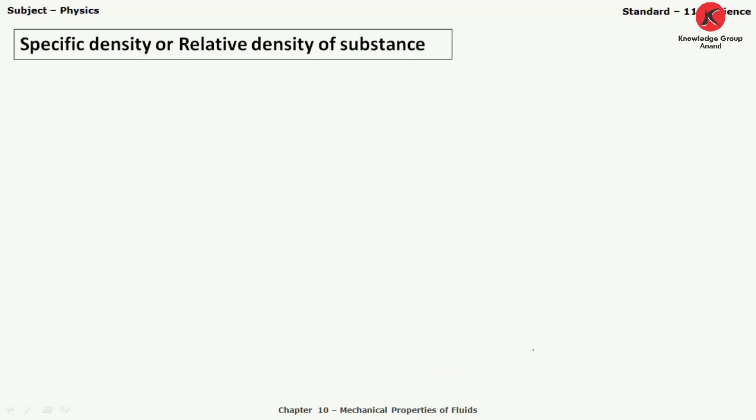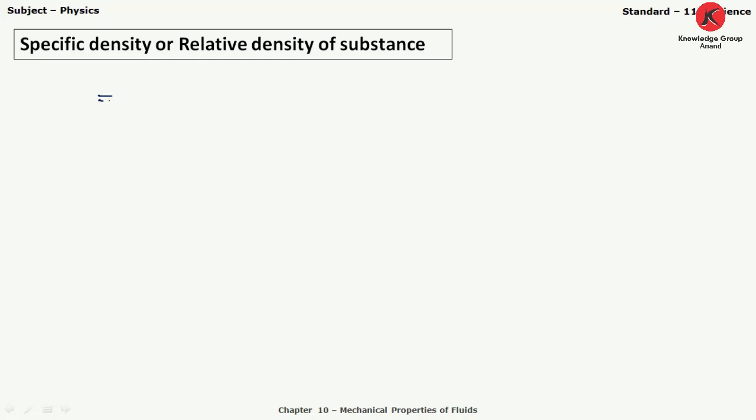Now the next is, what do you mean by specific density or relative density of a substance? So specific density is given by the ratio of density of the substance to the density of water at 4 degree temperature. This is the definition for specific density.